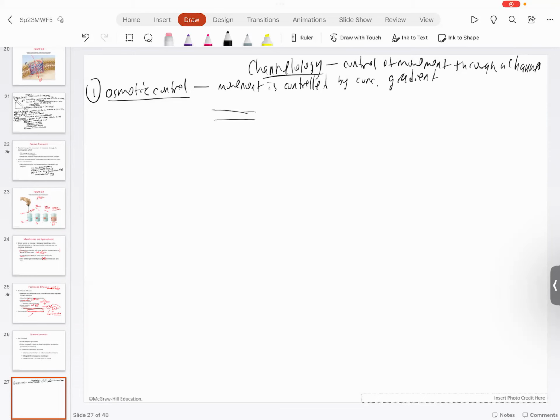So here's a membrane. There's a channel. It's going to be the outside and the inside of the cell. On the outside, you're going to have a high sodium concentration. On the inside, you're going to have a low sodium concentration. If this first one is a sodium channel, which direction would sodium naturally move through that channel?